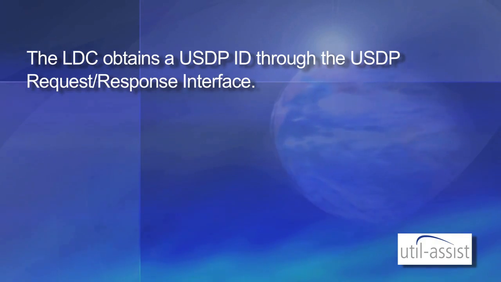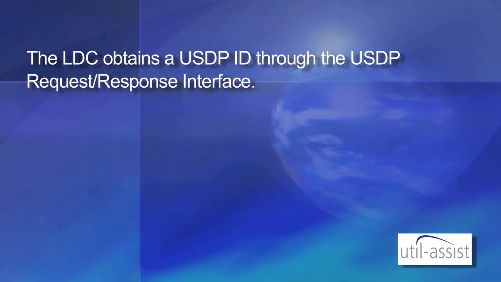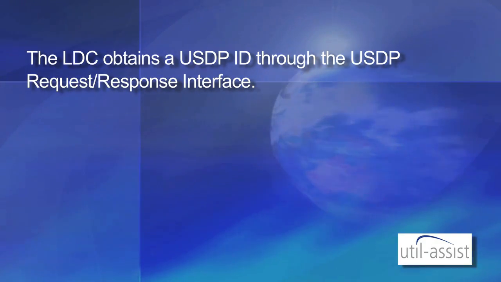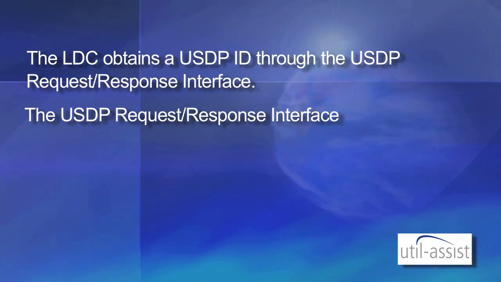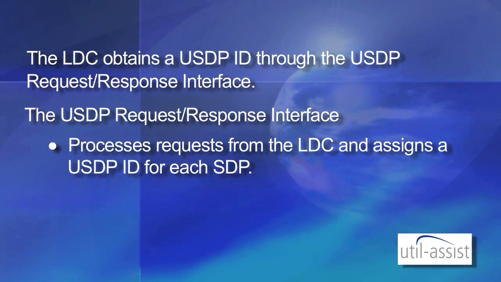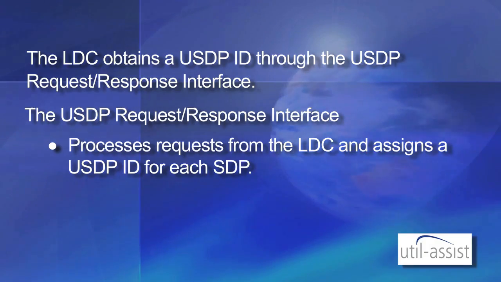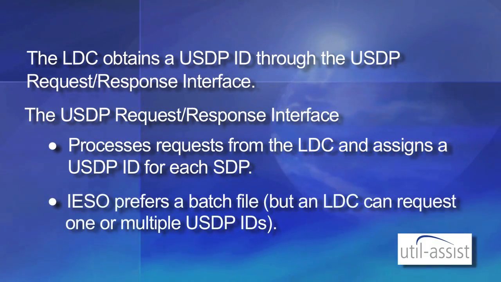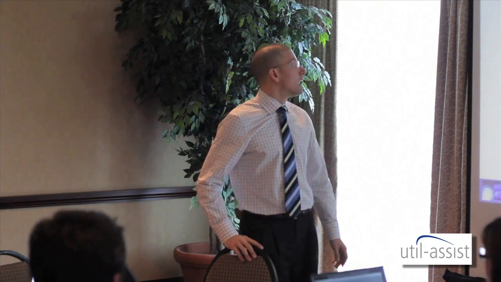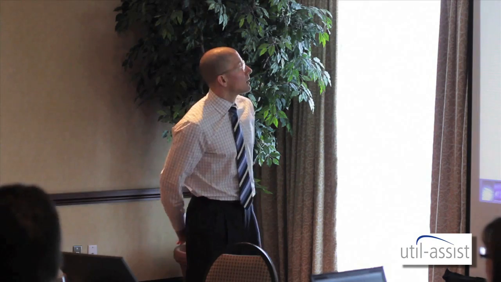The LDC obtains the USDP ID through the USDP Request and Response Interface. The USDP Request and Response Interface processes requests from the LDC and assigns a USDP ID for each SDP. ISO prefers a batch file, but an LDC can request one or multiple USDP IDs. The interface to acquire USDPs is fairly simple. You send them a request for USDP IDs and they respond and provide you with USDP IDs.